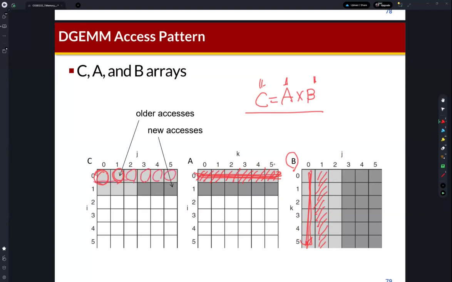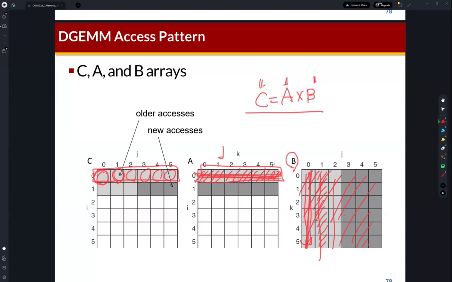So when you compute the elements in a row in matrix C, we can use the entire row of matrix A. But for matrix B, we require all elements in matrix B, because the columns are used.